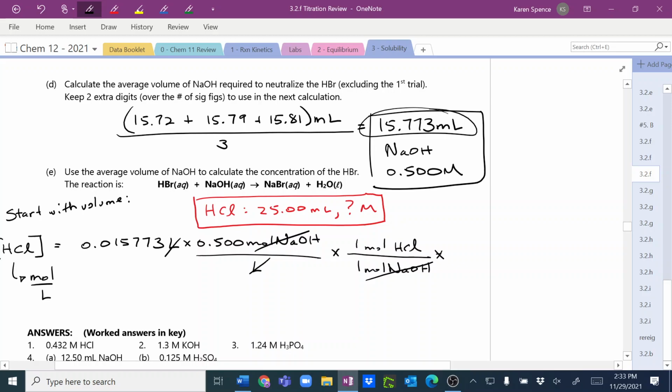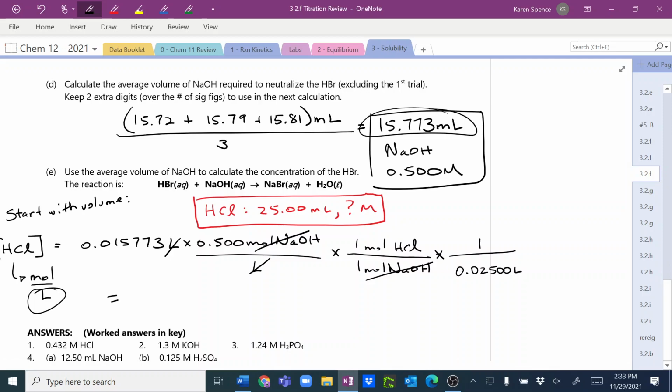And if we're doing this all in one line, remember we have moles of HCl on the top, and we just want to have liters on the bottom. So what do we put on the top here? Just a 1. And then on the bottom, we need the liters of that. So that's going to be 0.02500 liters.